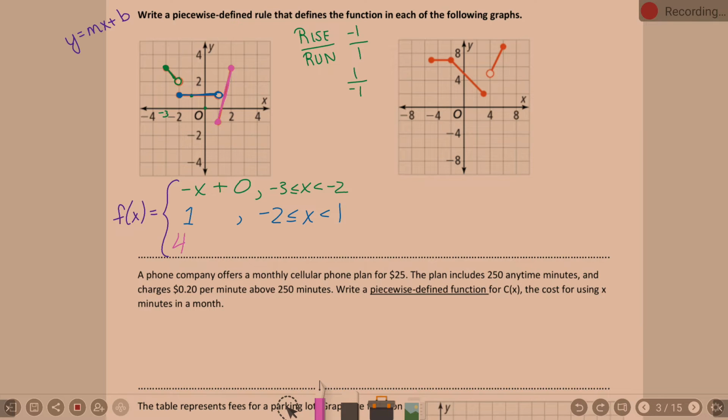So slope is 4. We're going to have 4x plus, how do we figure out where it crosses? Yeah. If this was up 4 over 1, I can now reverse it and go down 4, left 1. And that puts me where? -5. So 4x minus 5.